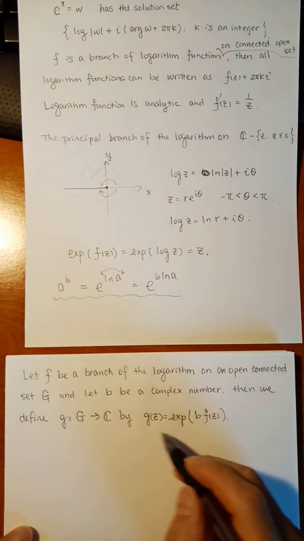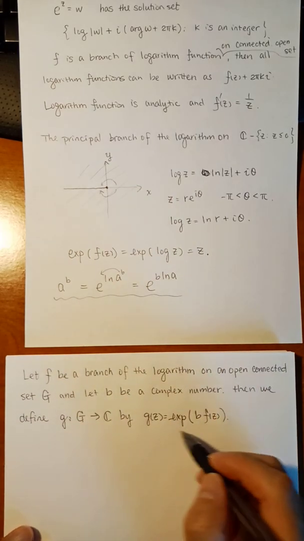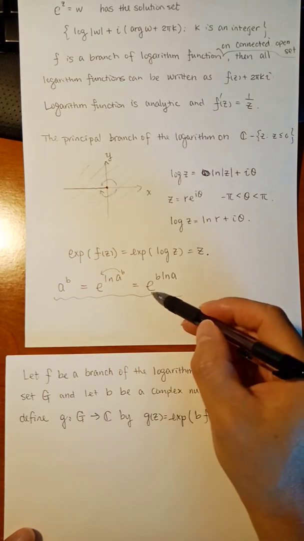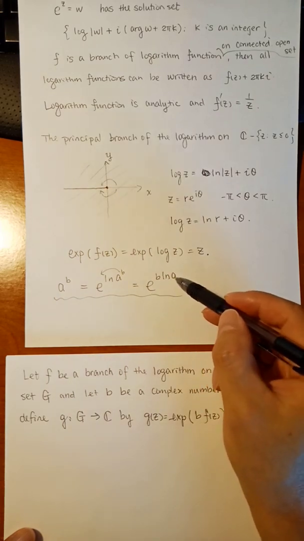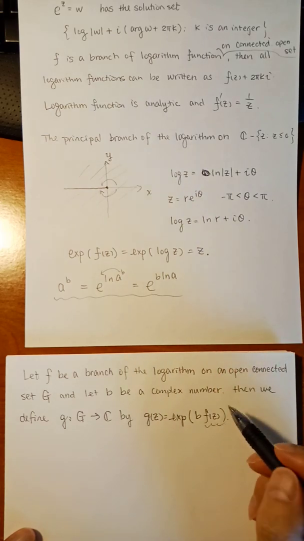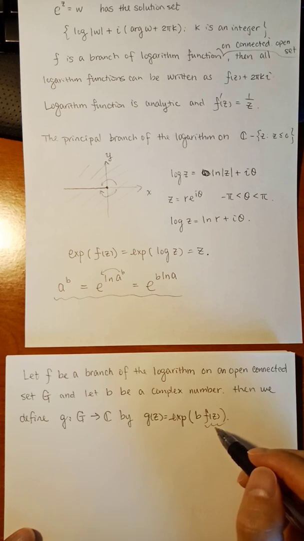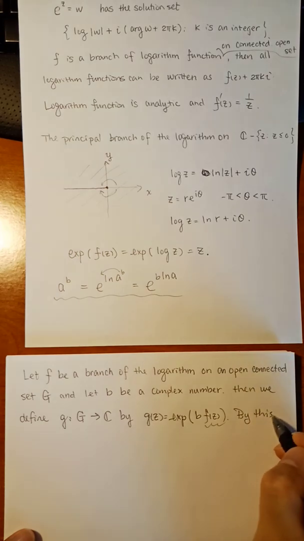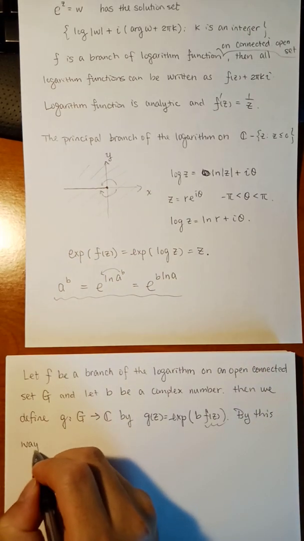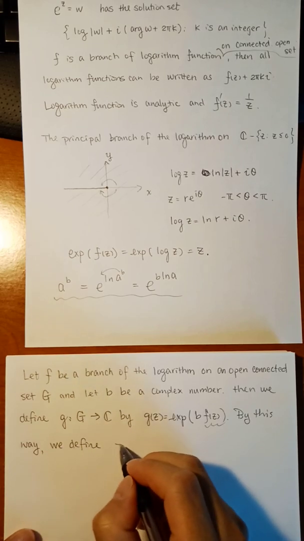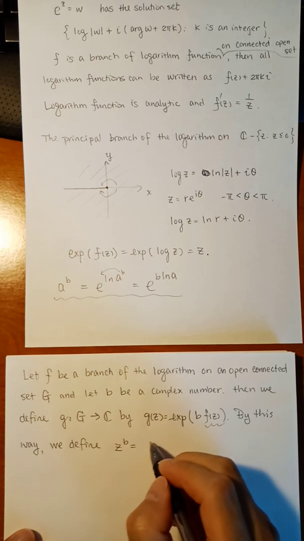Okay, so how do we come up with this expression? It's exactly this: exponential of a constant number times the natural log of a, where the natural log of a is this f of z. By this way, we define z to b to be this.